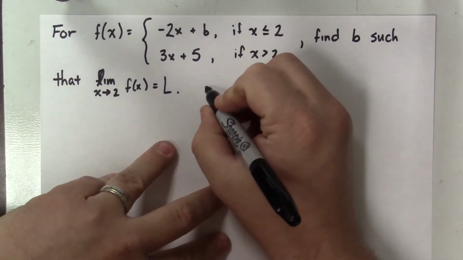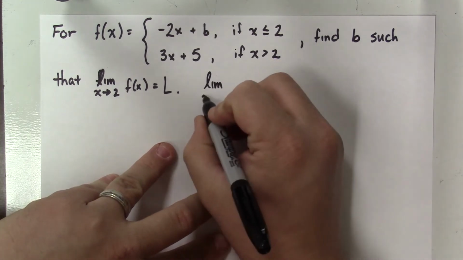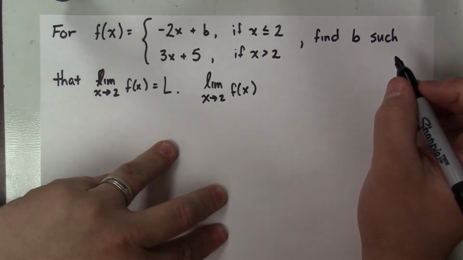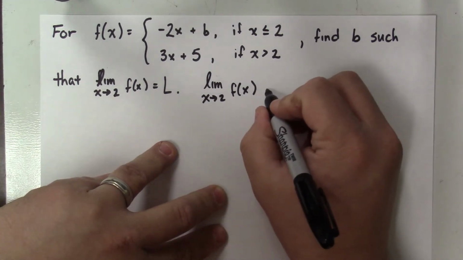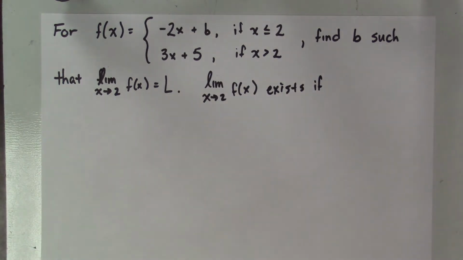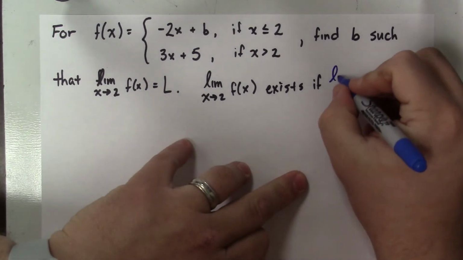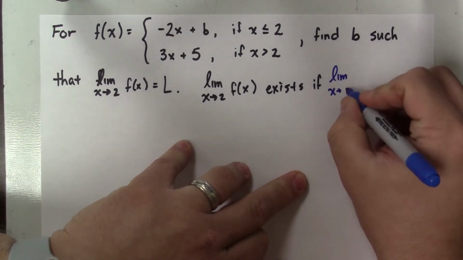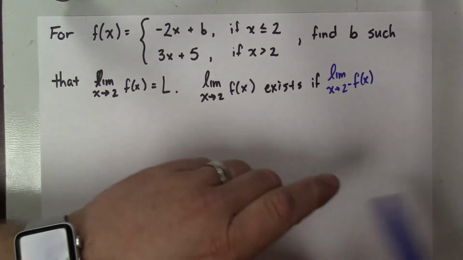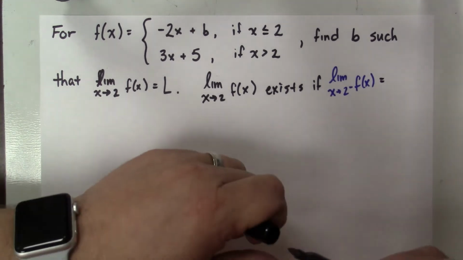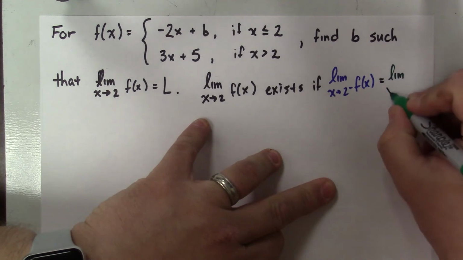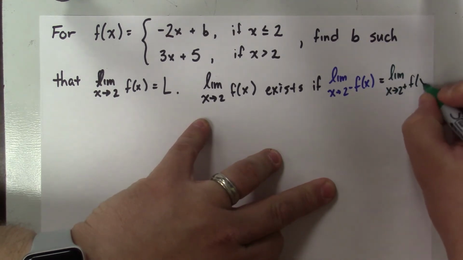We say that the limit as x goes to 2 of f of x exists if the limit as x goes to 2 from the left of f of x is precisely the same as the limit as x goes to 2 from the right of f of x.